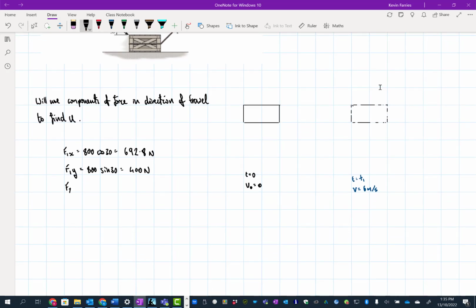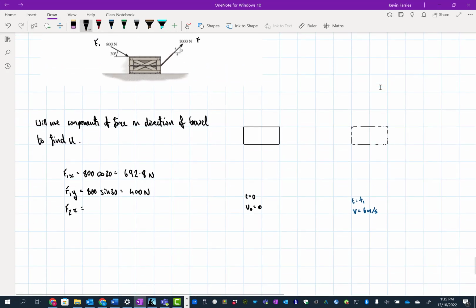So F2x, so we've got a 3, 4, 5 rule, so it's going to be 1000 divided by 5 times 4, which is going to be 800 newtons.